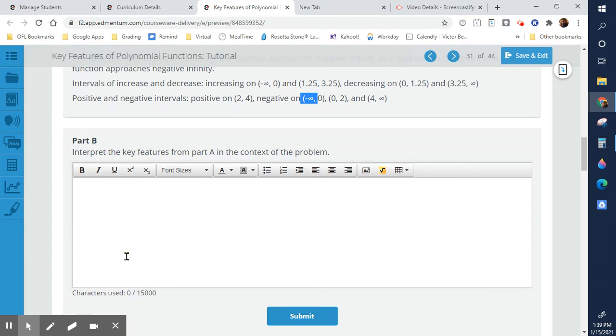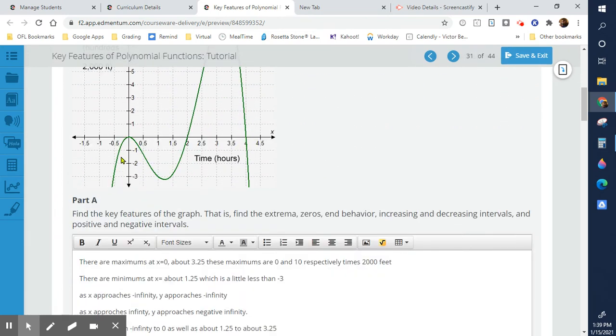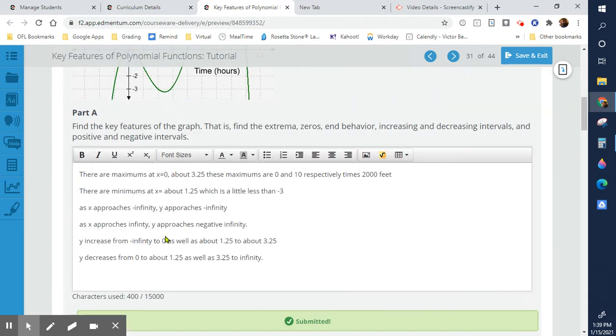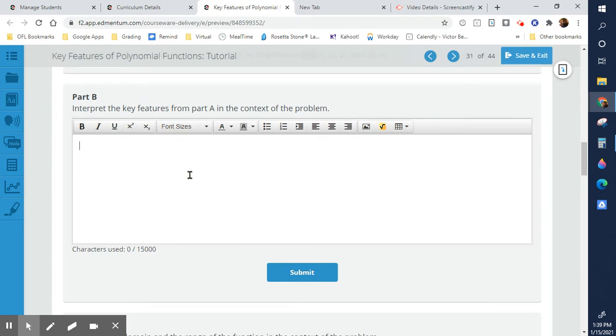Interpret the key features in part A in some context of a problem. So I'm going to talk about getting money and spending money. John never worked before being an adult.